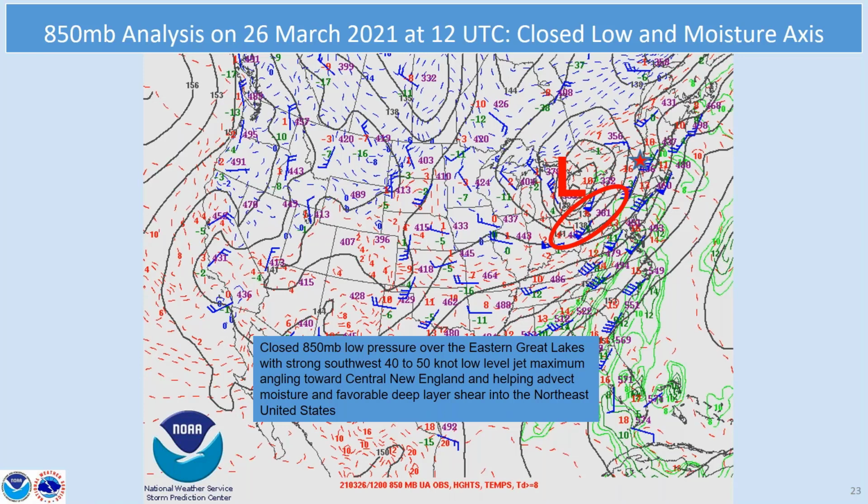And in addition, these strong winds helped to advect deeper moisture into the area. We're looking at surface dew points to near 60, but also 850 dew points pretty anomalously strong, high, rich moisture coming up ahead of this trough.